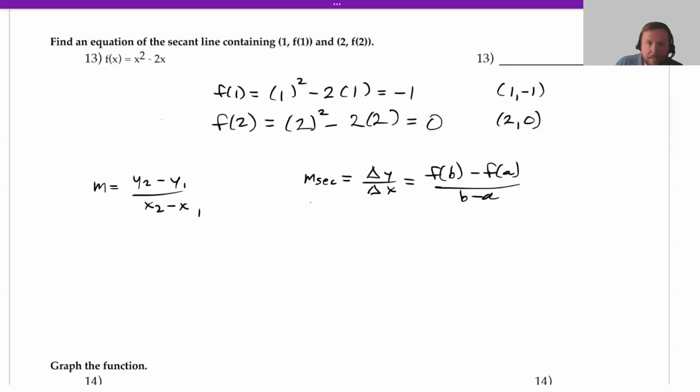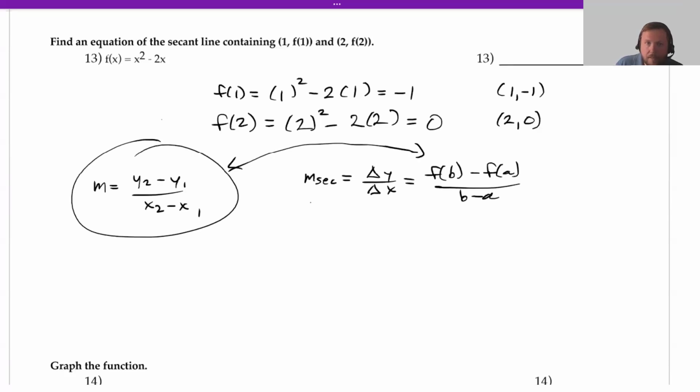But again, I keep telling you guys, it's the same formula. And then we're going to use the point-slope formula and then turn it into the slope-intercept form. So we're going to use this one here.